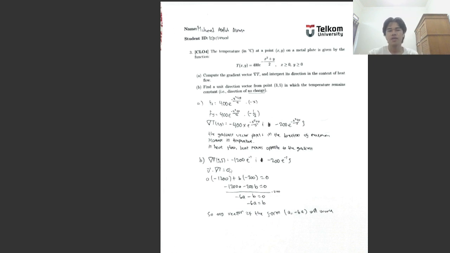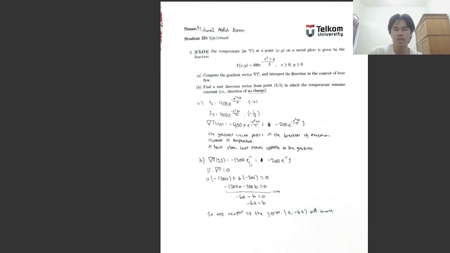So we already have the gradient vector. We just substitute x and y with 3 and 5, and we get this equation. And then we dot product it with a vector v. I use a, b as variables here. And this should be equal to 0.